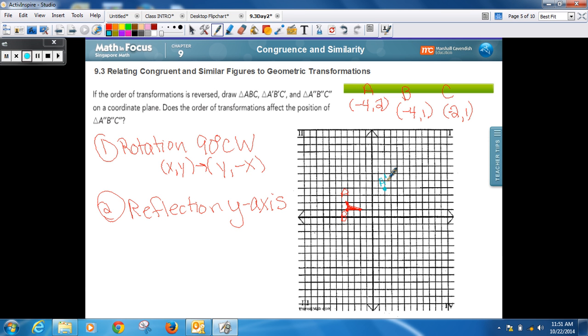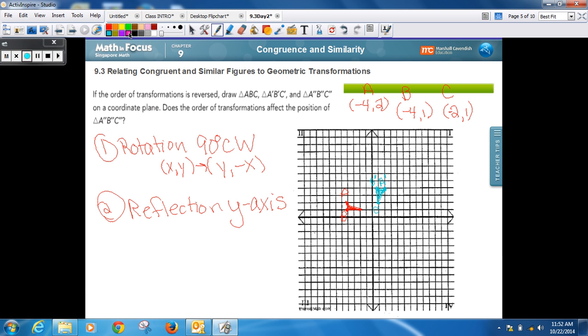So that's A primed. B primed would be at 1, 4. 1, 2, 3, 4. And C primed would be at 1, 2. So there is my image.